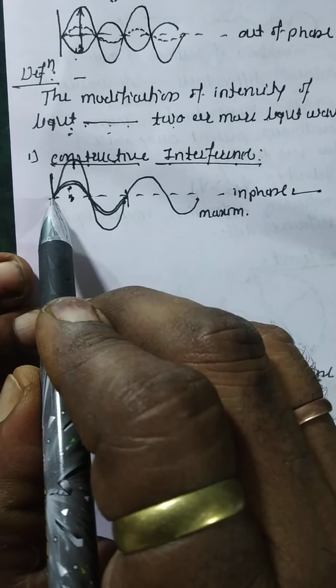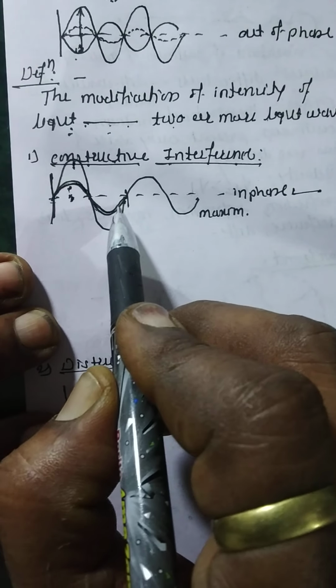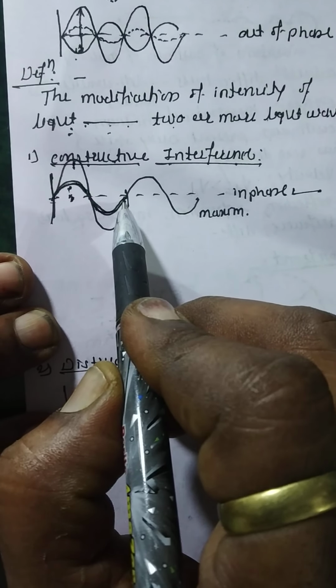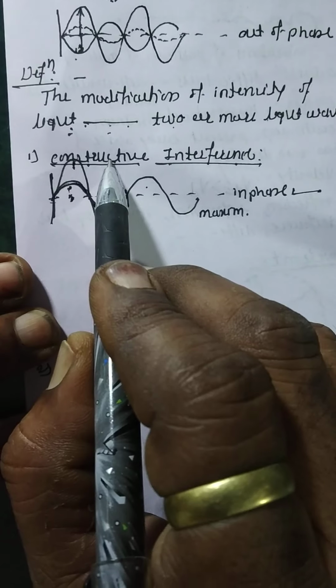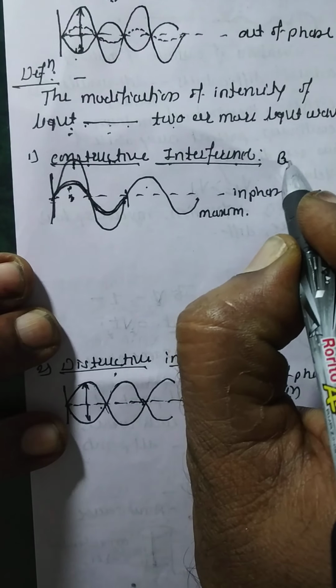In this case, crest due to one wave is coincided with crest due to other, and trough due to one wave is coincided with trough due to other. Such an interference is called as constructive interference, and corresponding point is bright.